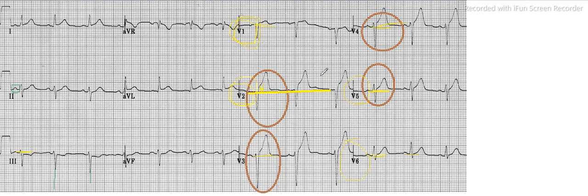And you can see that here in lead AVL there is also ST elevation, so the lateral portion is also involved, because AVL indicates lateral MI and V5 also indicates lateral MI.